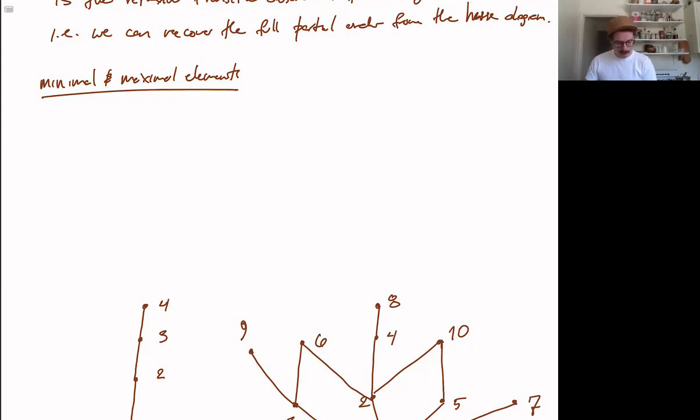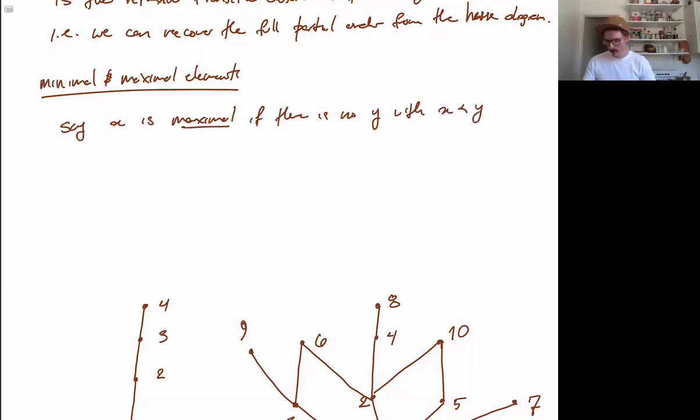So let's start with, say, an element x is maximal if there is no y with x strictly less than y.